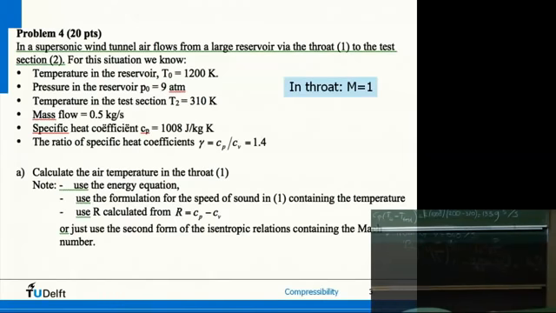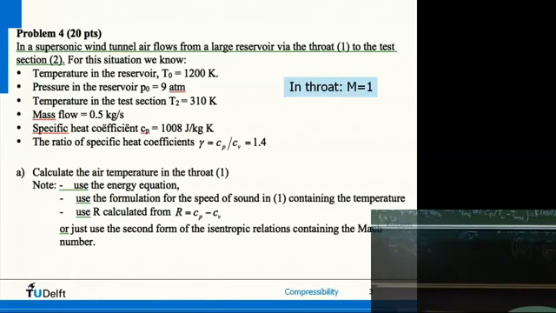So we know this one, rho 0, and we know that one. Now it's just working our way through the equations. So this means that rho star is equal to rho 0 divided by T0 over T star to the power 1 over gamma minus 1.